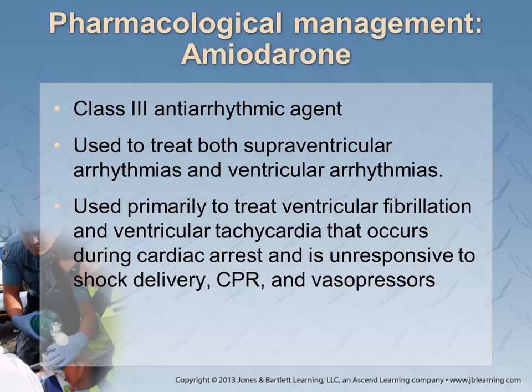But amiodarone can work on ventricular arrhythmias as well. The main times that we use it are going to be for VFib and VTAC cardiac arrest, as our antidysrhythmic for VTAC, VFib arrest. Okay? Y'all following me? Y'all good? I know it's long.